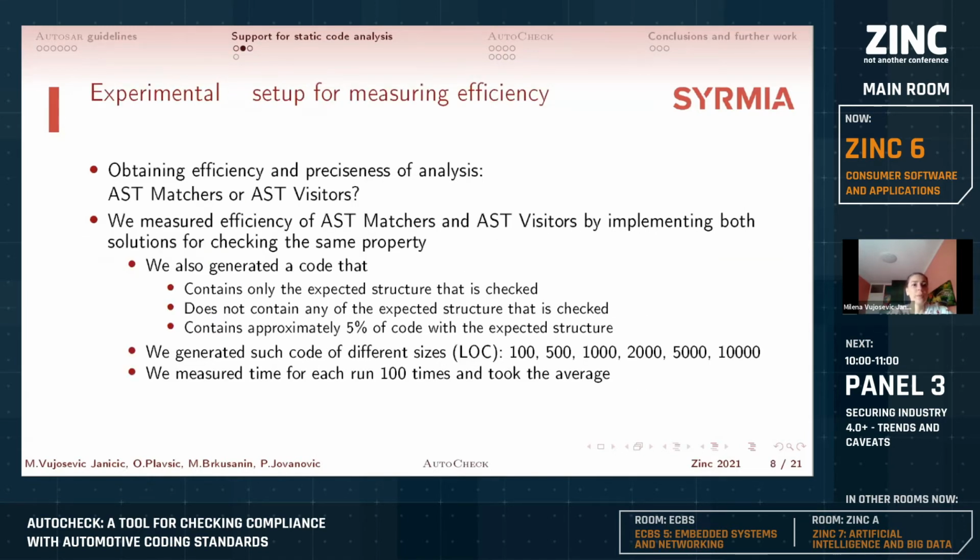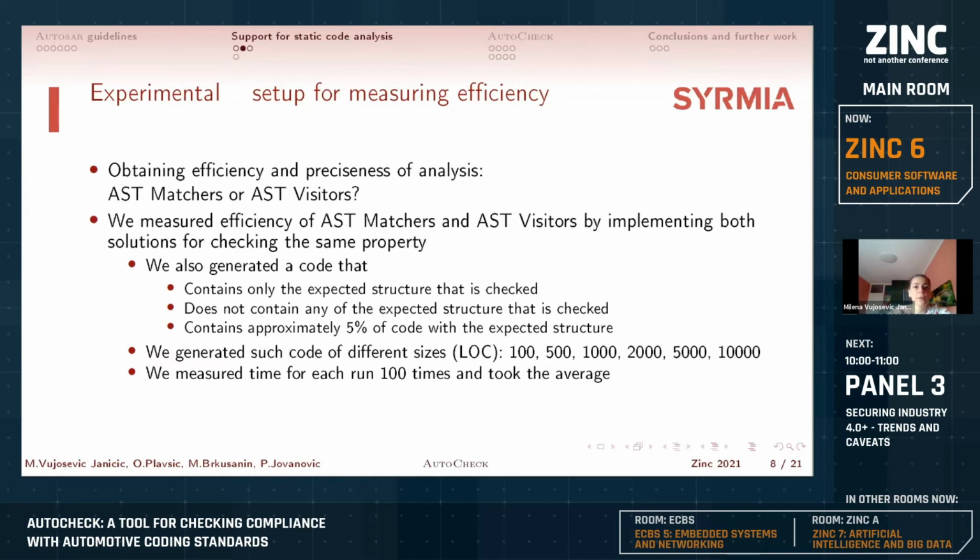We made experiments on a big code base that we first automatically generated in order to explore the behavior of implementations based on different interfaces offered by Clang and on different code structures. We also measured the efficiency on Automotive Grade Linux open source code, which serves as an industry standard to enable rapid development of new features and technologies.